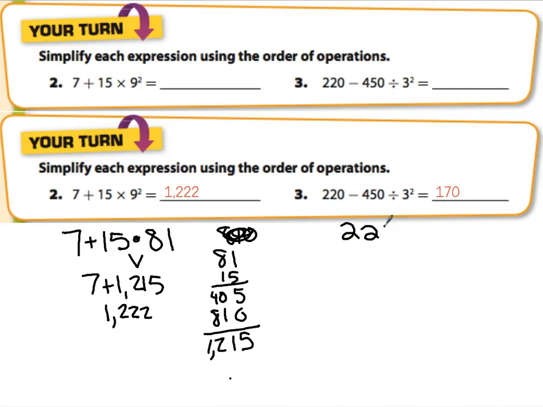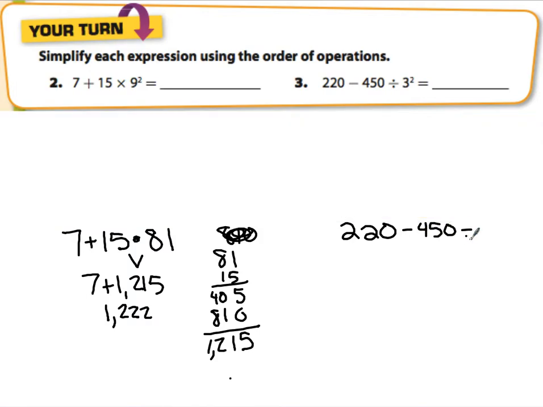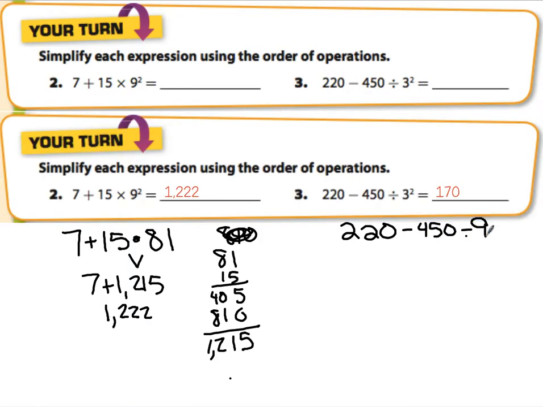Here I got 222 minus 450 divided by, what you should have gotten here was 9. Okay, 450 divided by 9, I do 45 divided by 9 is 5 with 1 zero. 220 minus 50, in this case, would give me 170.